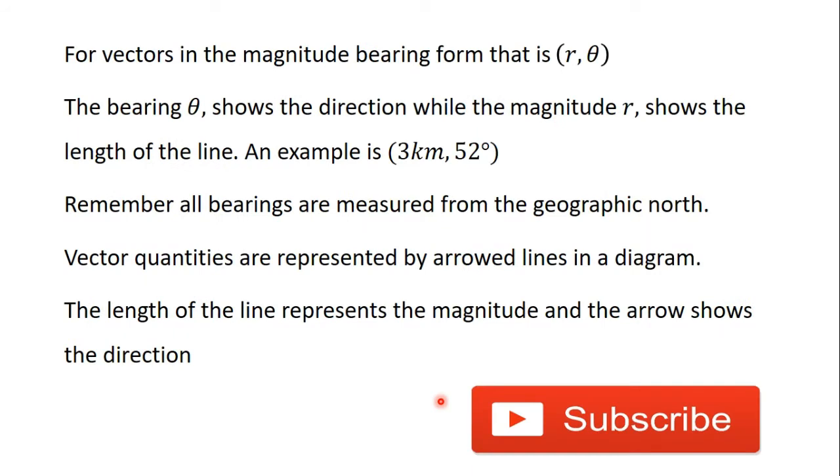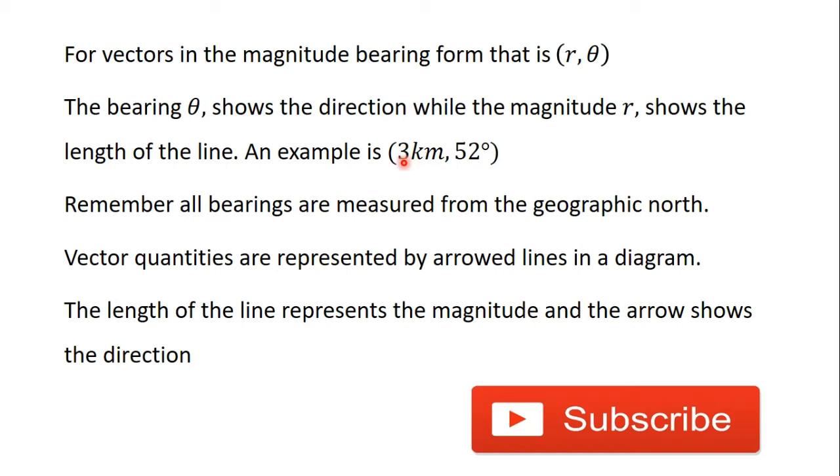Let's go to the second type, which is the magnitude bearing form. For vectors in the magnitude bearing form, that is r theta, theta represents the bearing and shows the direction, while r represents the magnitude and shows the length of the line. For example, take this vector given as 3 kilometers, 52 degrees.